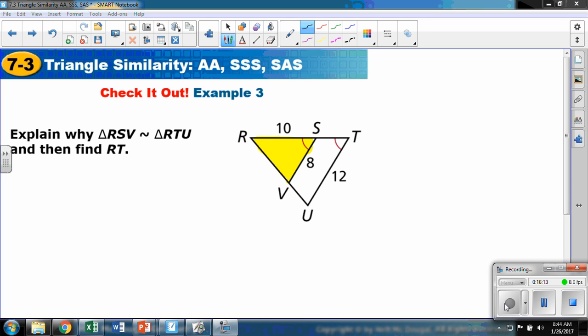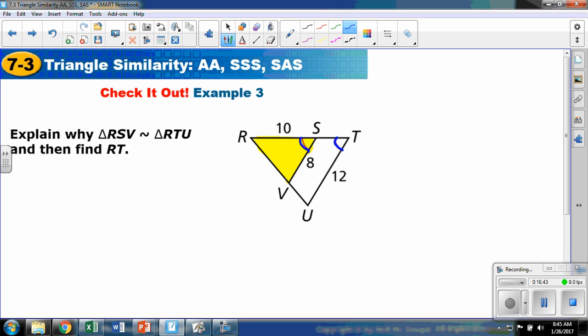Well, again, let's consider which one of our theorems is going to work. Are we going to use angle-angle? Are we going to use side-side-side? Or are we going to use side-angle-side? Which one works? I'm noticing the tick arcs giving me one pair of angles. So instantly I'm going to rule out side-side-side because I've already got one pair of angles given to me.